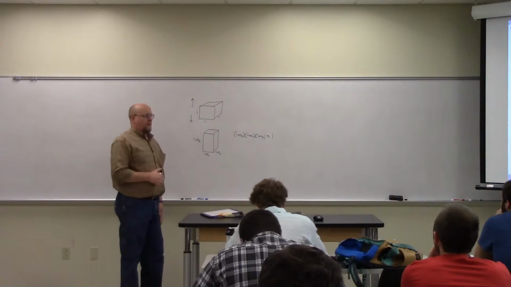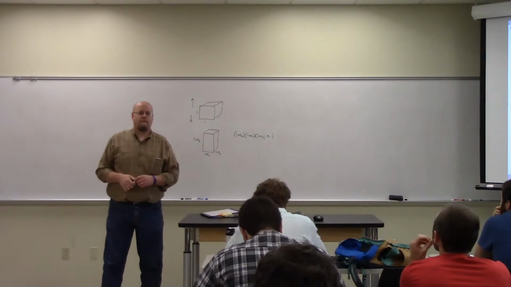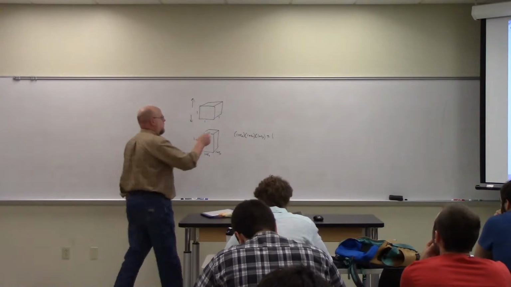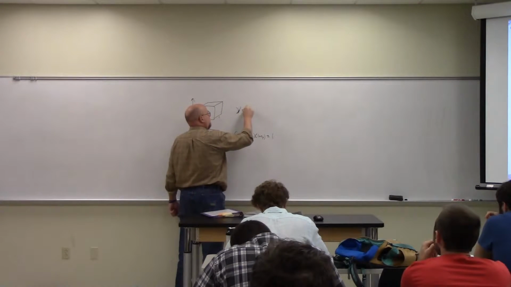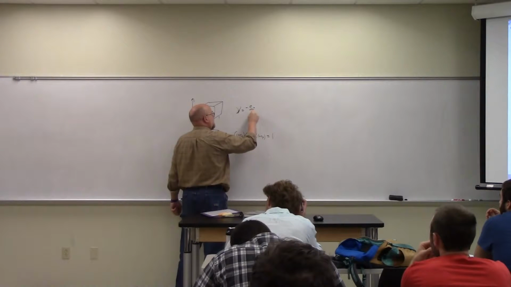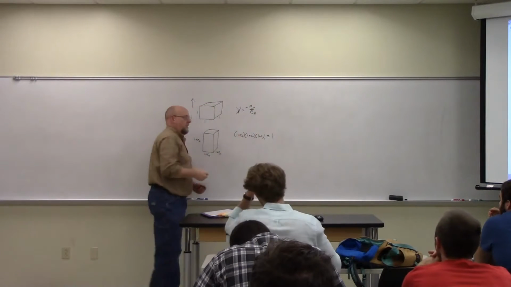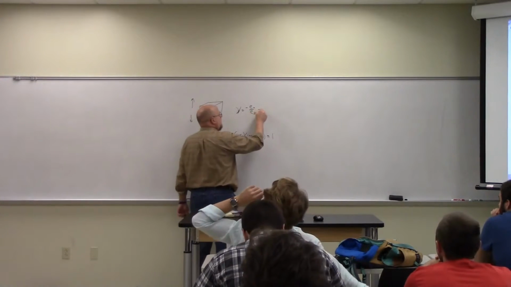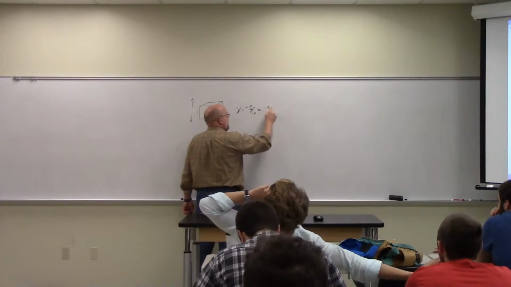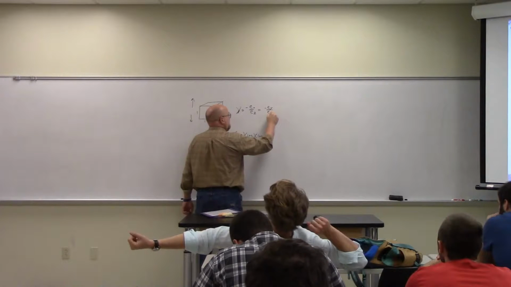So what's the Poisson's ratio? Minus EX over EZ. So nu equals minus EX over EZ for pulling in the Z direction as we are in this case, which is also equal to minus EY over EZ.